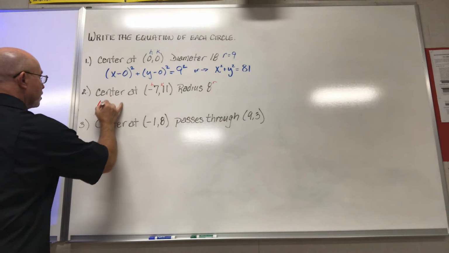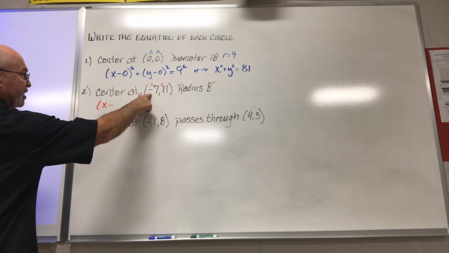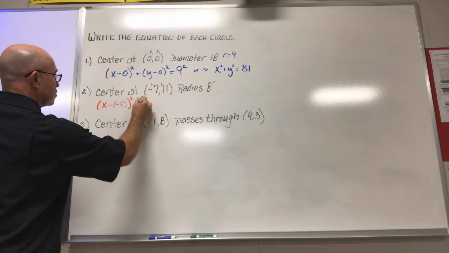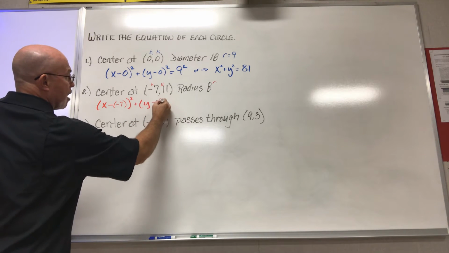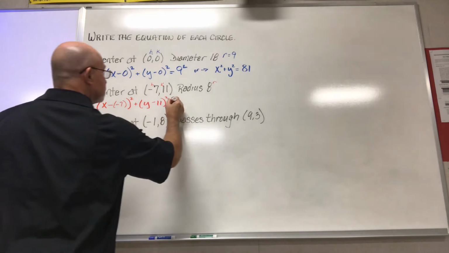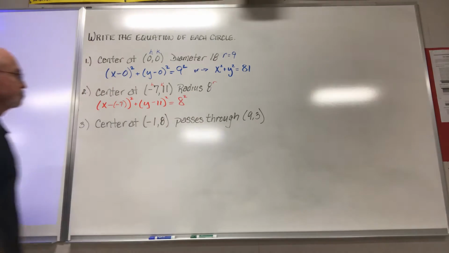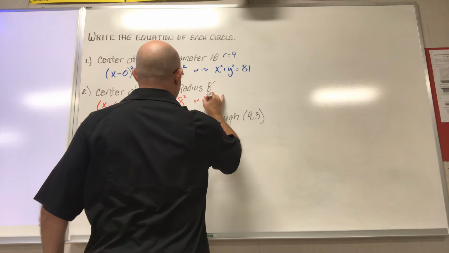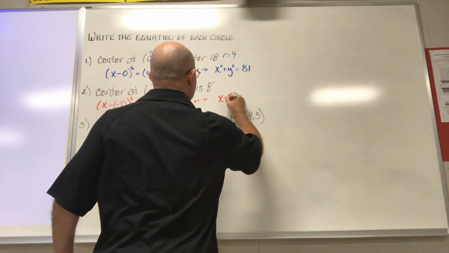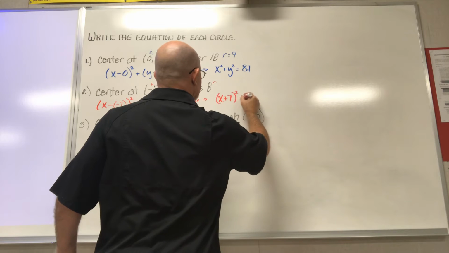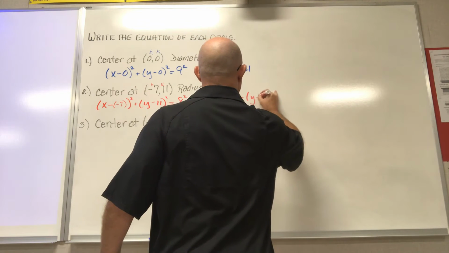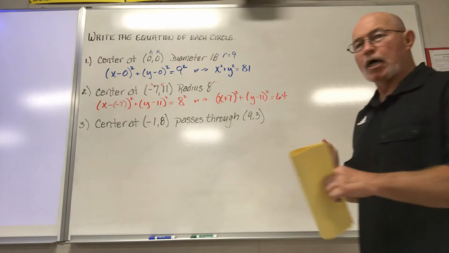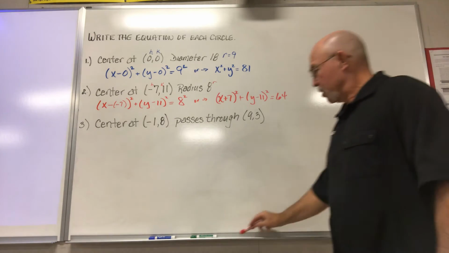So, x minus negative 7, y minus 11, and another way to complete this or write it differently. Another way to write that.